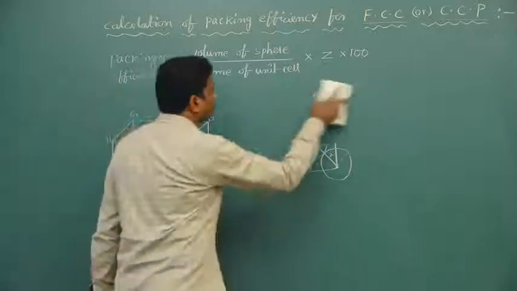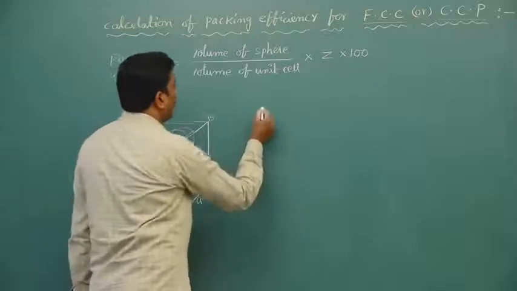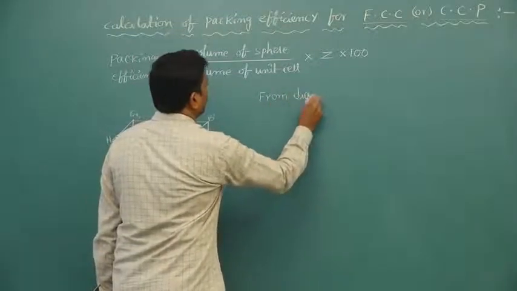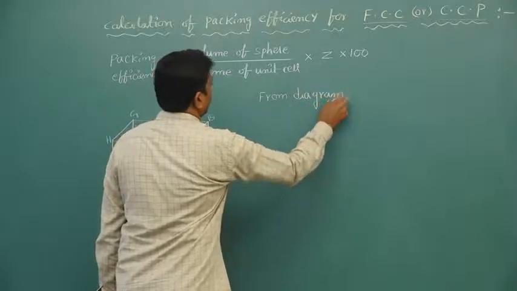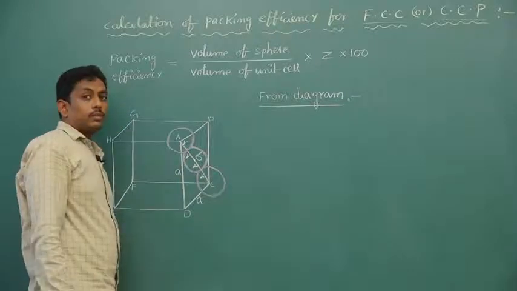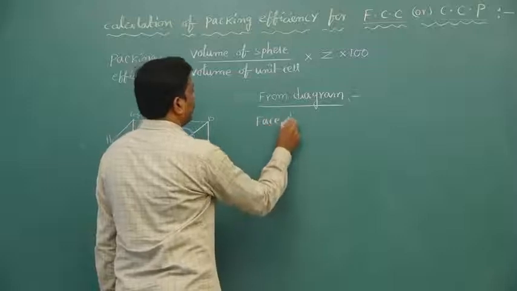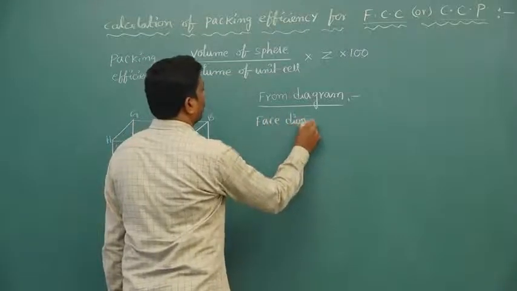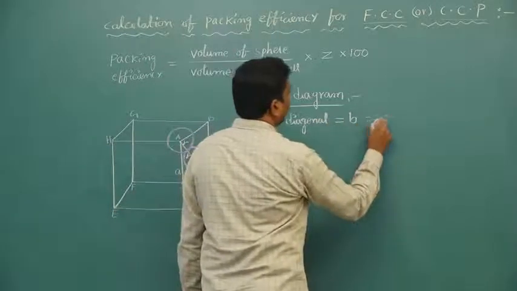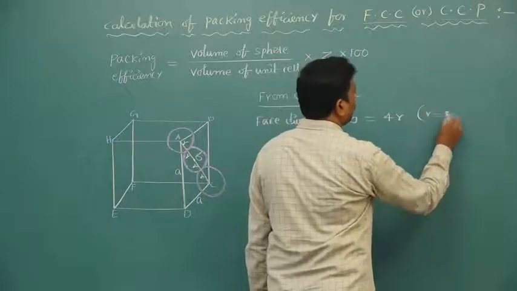So, derivation. See, from the diagram it is clear that face diagonal is equal to B, that is equal to 4r, where r is equal to radius of sphere.